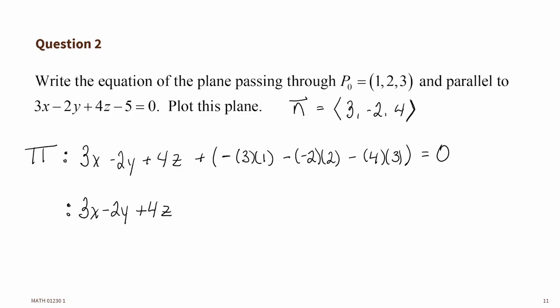So -3 plus 4 is 1, minus 12, and there's the plane.